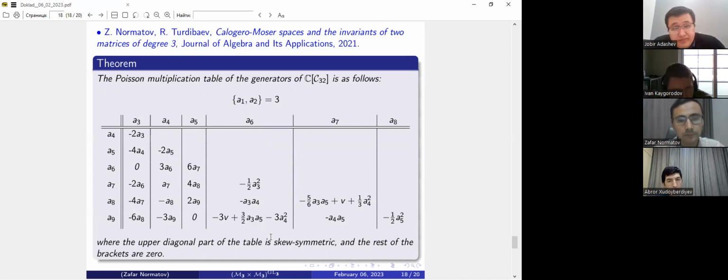Или вот А1 точка А2 это просто А1 точка А2 и никак там через другие не записывается, да? То есть порождена как свободная алгебра вот этими 9 элементами.